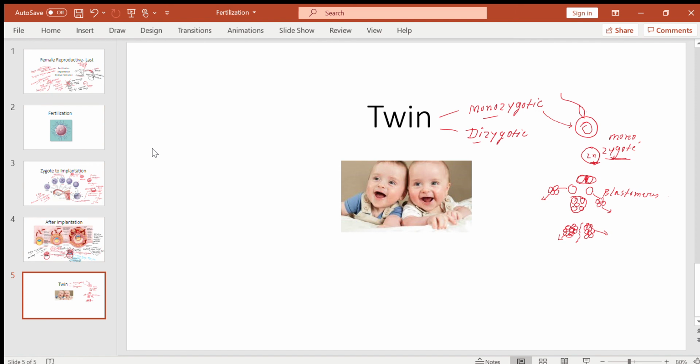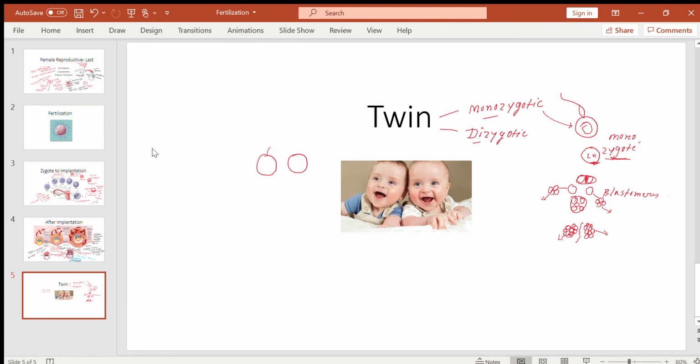Now we know that normally one ovum is released, right? But there are many million of sperm. So instead of one ovum, if two ovums get matured simultaneously inside the ovary and get released, that should not happen normally.